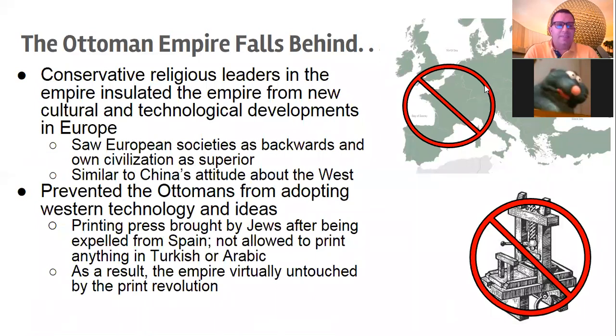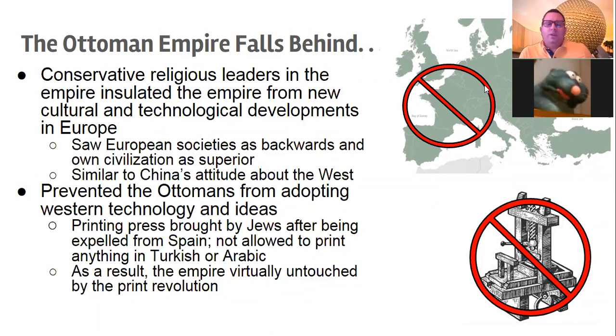And so the rest of the empire does not progress as quickly as Istanbul does. That's because, again, the further away from the city that you go, the more conservative the leaders become. You have these very conservative Muslim religious leaders who are controlling large parts of the empire, and because of that, they are very hesitant to embrace a lot of the technology that does eventually come out of Europe.